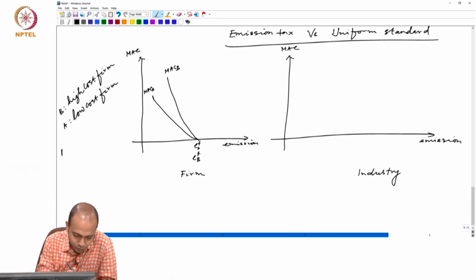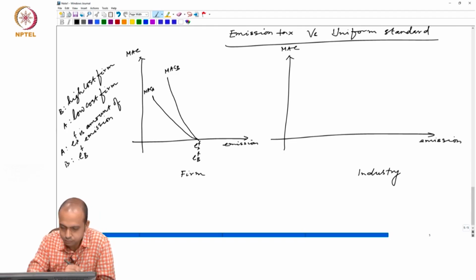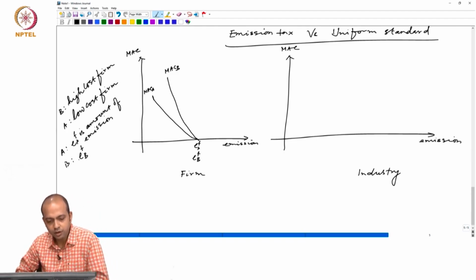So, for firm A, EFA is the amount of emission, and for B this is EFB, right.